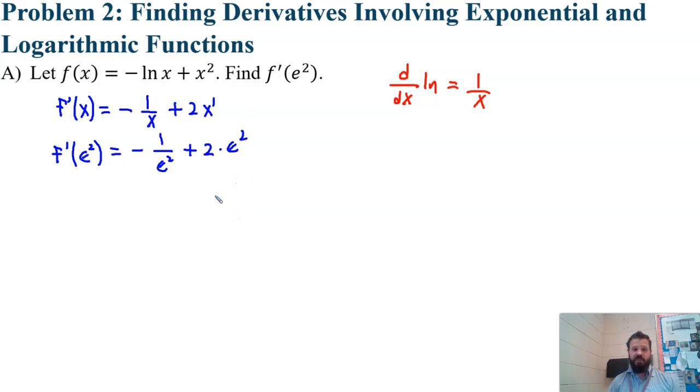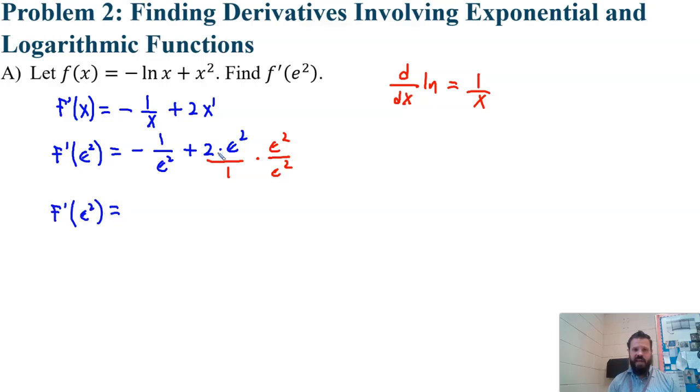Again, this is good for free response test. For multiple choice, the options might combine these into a single fraction. And the way I could do that is by creating a common denominator. Right now we have a 2 times e squared over 1. If we multiply that by e squared over e squared, we then have our common denominator.